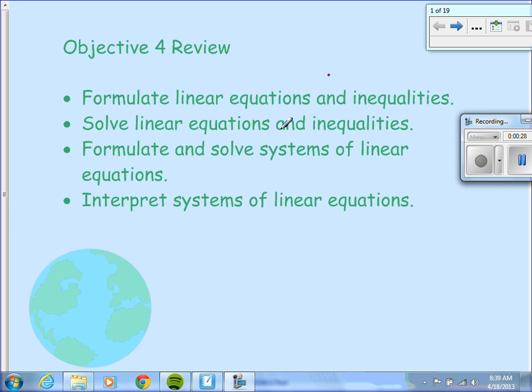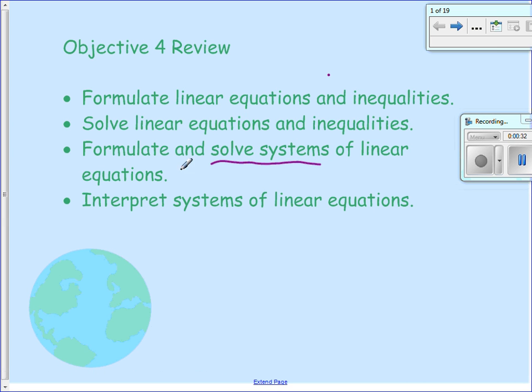Solve linear equations and inequalities, formulate and solve systems of linear equations, and interpret the systems of linear equations. So my question is, what does it mean when I have a solution to a system of linear equations? What is a solution? Where the points meet, or where they intersect. It's that coordinate point that they both have in common, okay?